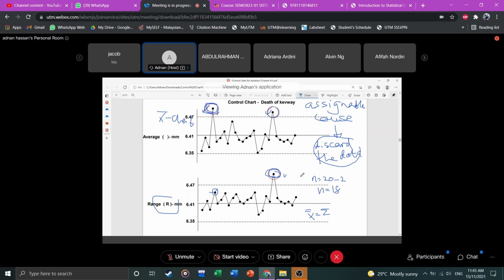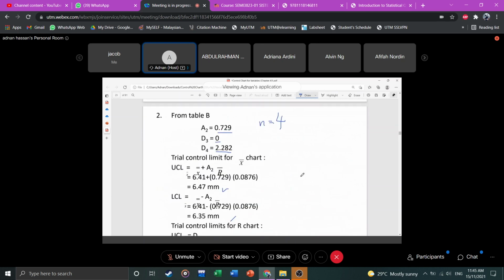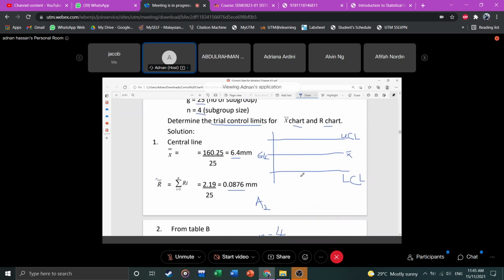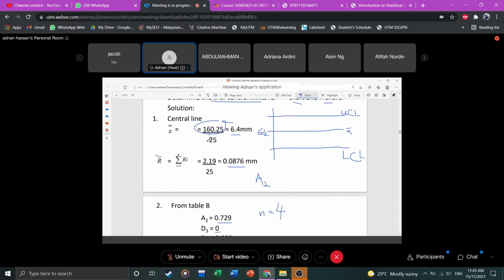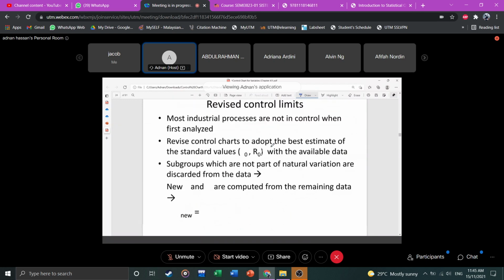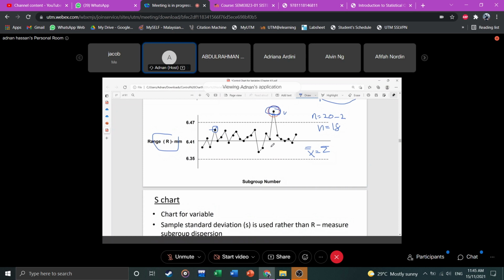For example, in the earlier one we have a summation of 160.25, with n of 25. I just take an example here.